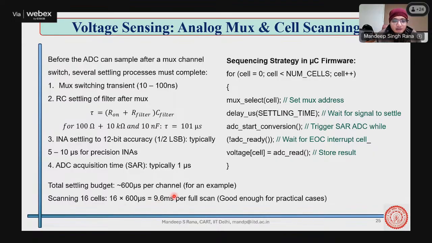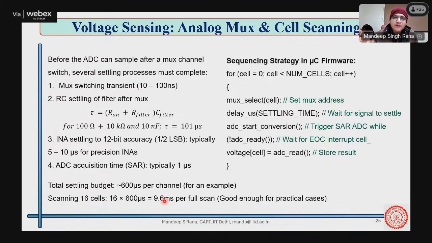And let's say 9.6 milliseconds per full scan, like throughout 12, 16 cells you are reading data, and just to look through it within your ADC to microcontroller, it takes some time, which is 10 milliseconds per se, which is fine, which is good enough for a BMS. So here, when we are talking about BMS, this much time, like 10 milliseconds, 12 milliseconds, 12.5 milliseconds is fine.